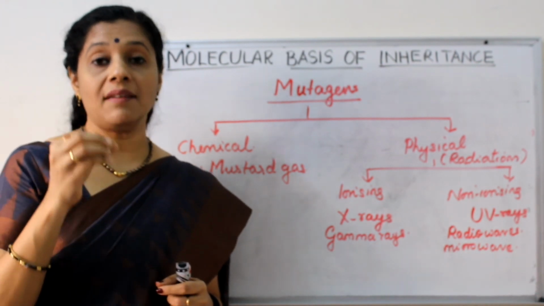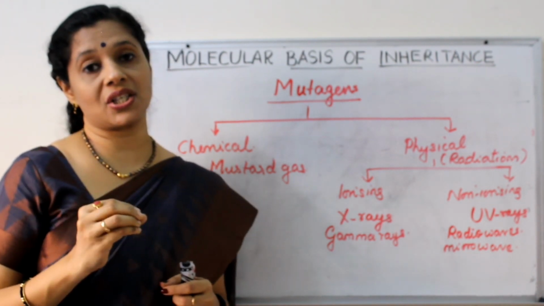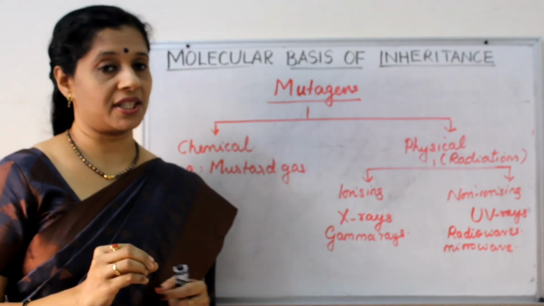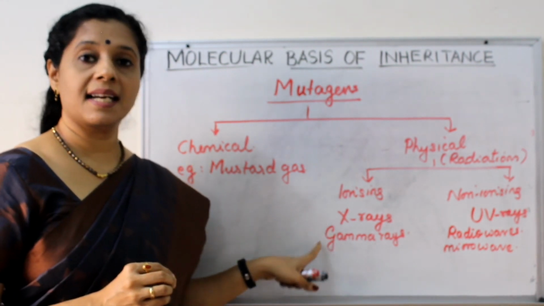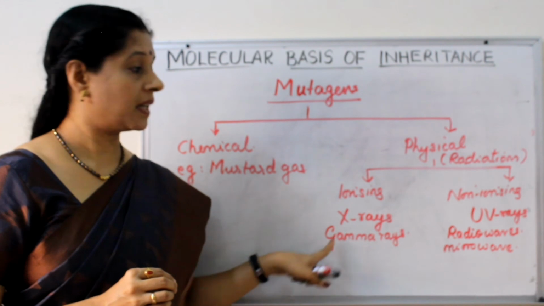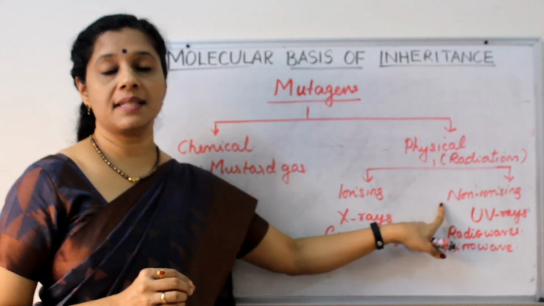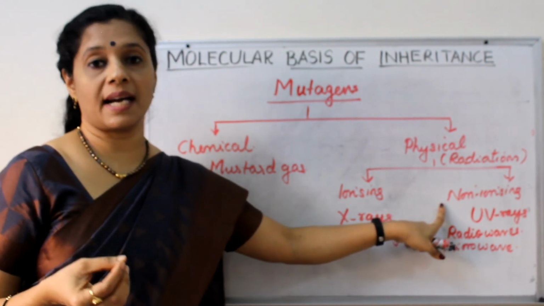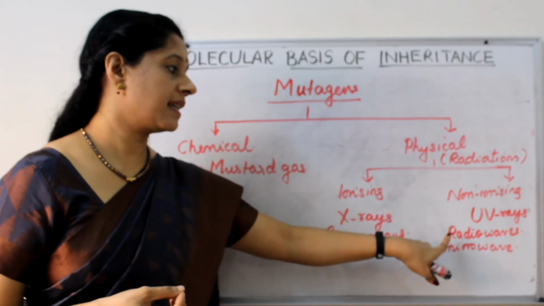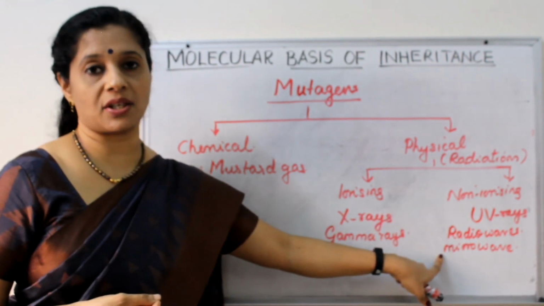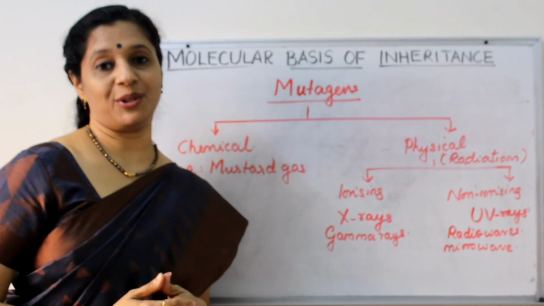Such high-energy radiations are called ionizing radiations. Examples are X-rays, gamma rays, etc. Whereas non-ionizing means the ones which cannot cause ionization, like UV rays, radio waves, microwaves, etc. All these are examples of mutagens.